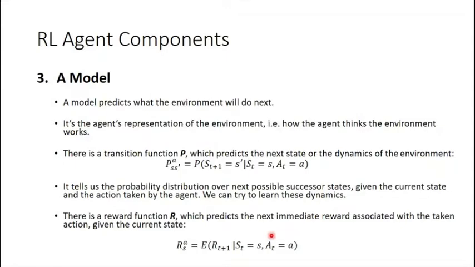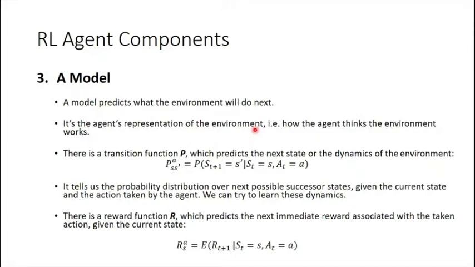This is typically the agent's representation of the environment, as we said. We have already discussed cases where the environment is not fully observable. In those cases, the agent will have to come up with an internal representation of what the environment could be and then take actions accordingly.